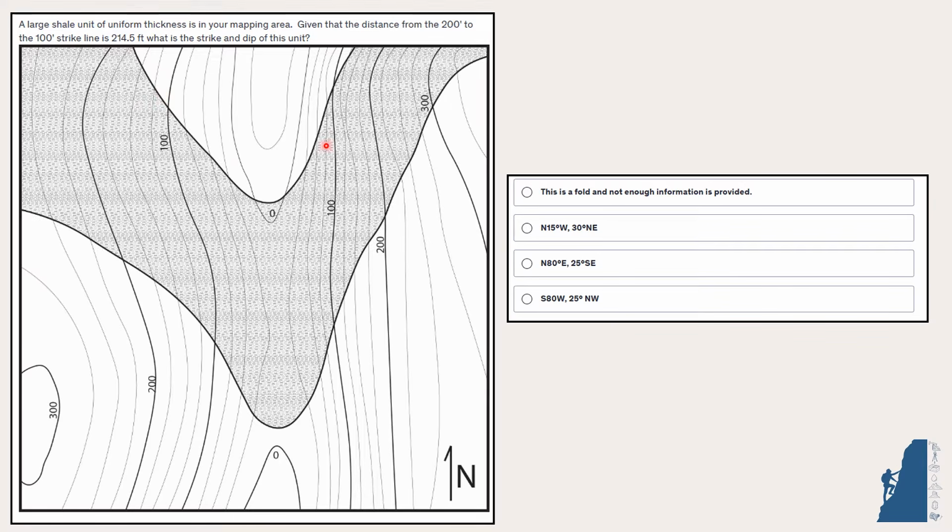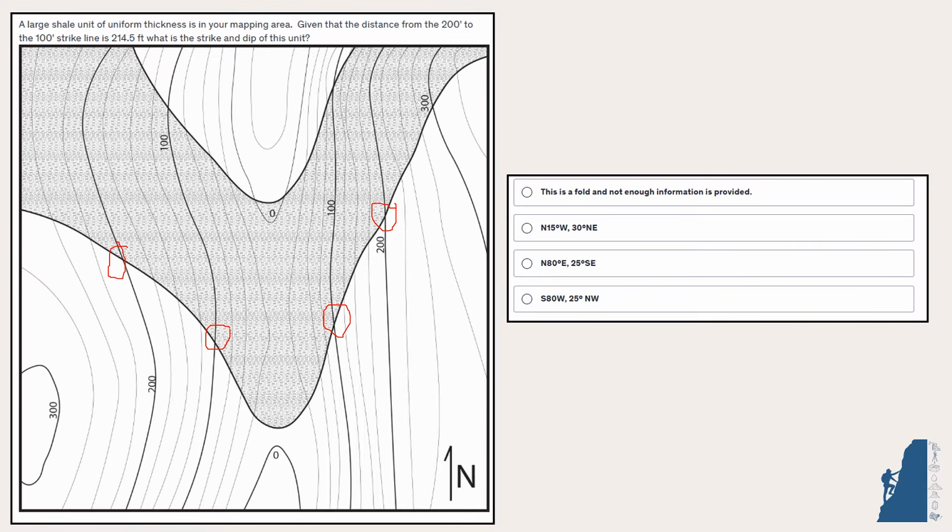So this is the northern contact and this is our southern contact. We start by identifying where the shale unit intersects at two different contour elevations. So we see it intersects right here at 200 and here at 200. And it intersects here at 100 and here at 100.